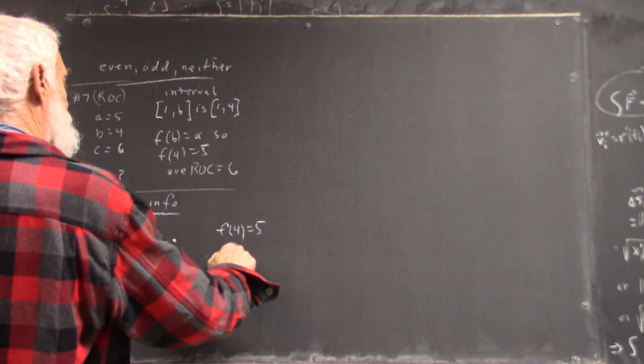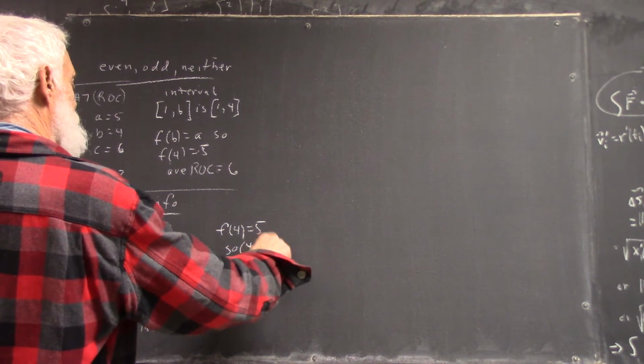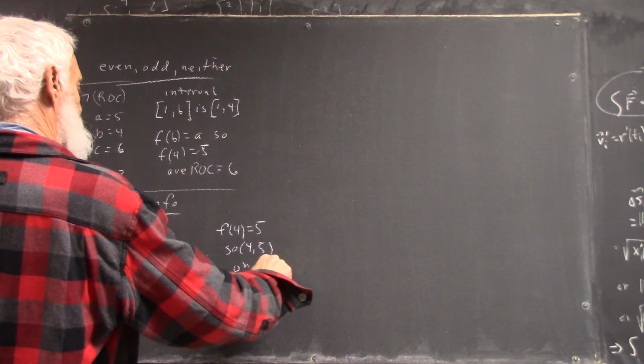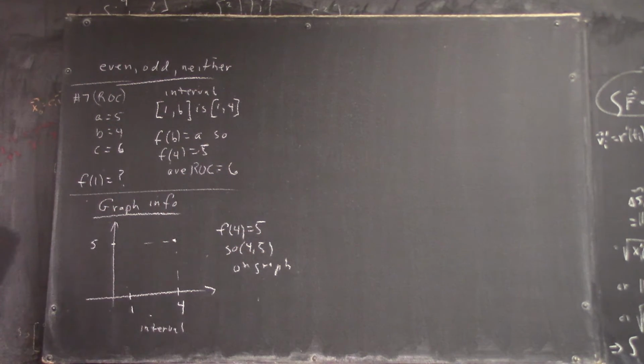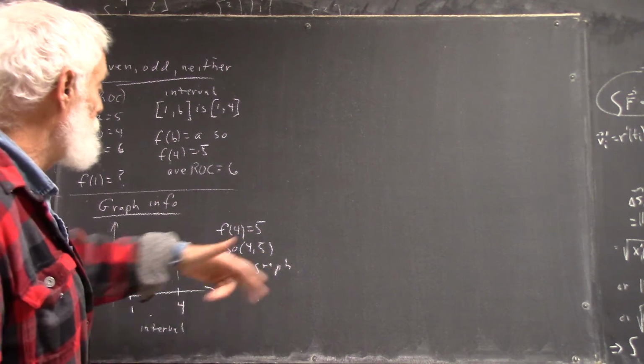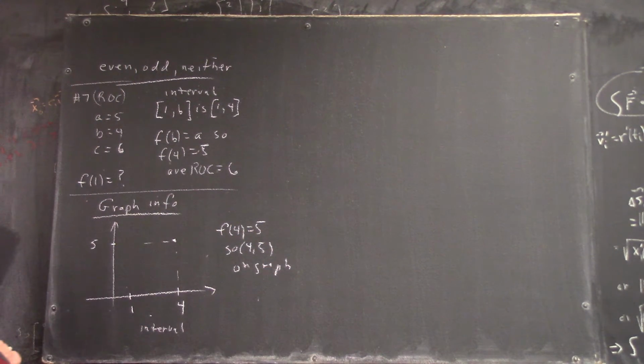F of 4 equals 5, so the point (4, 5) is on the graph. It's easy to put that on the graph. Just like with the problems I was giving you over the weekend, I gave you 2 pieces of information, each of which gives you a point on a graph, right? Okay, so F of 4 equals 5, so (4, 5) is on the graph.